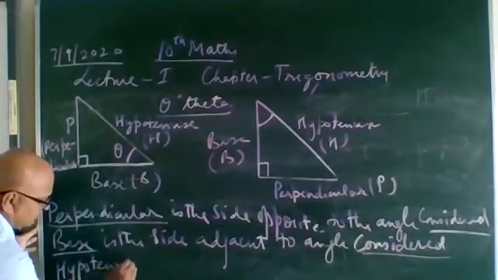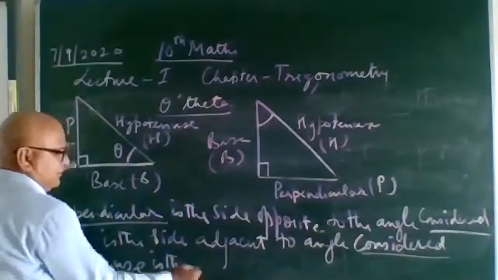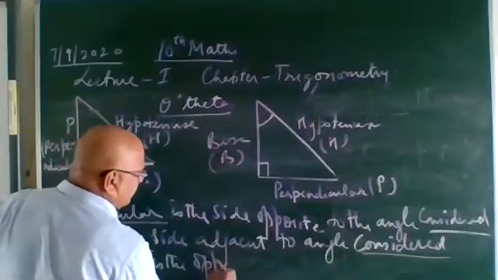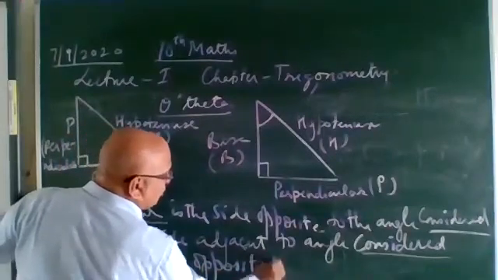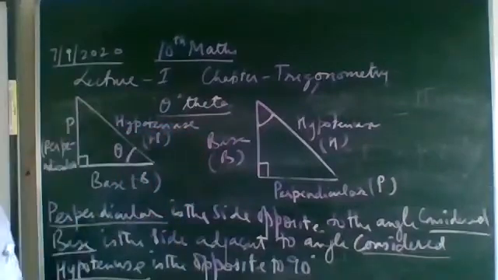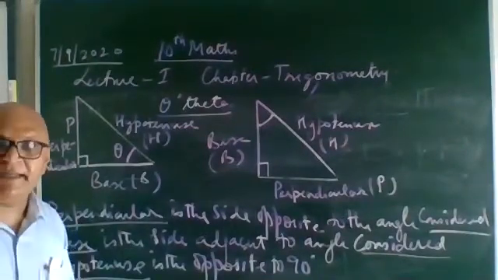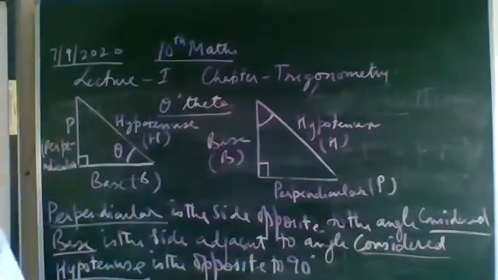Hypotenuse is the side opposite to 90 degree. This is very important. Hypotenuse is the side opposite to 90 degree.